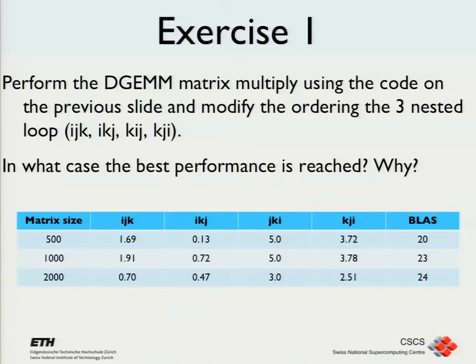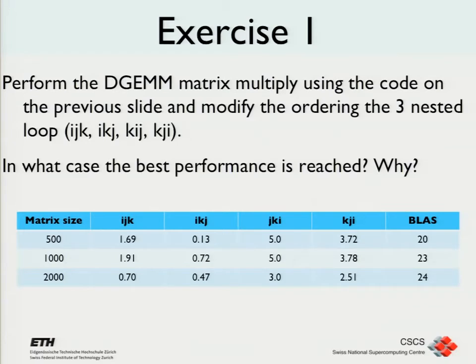So the naive implementation is using absolutely nothing, no unrolling, no blocking, no cache reuse, no nothing. So you see that if you don't code your DGEMM properly, you can get a huge difference in terms of performance.